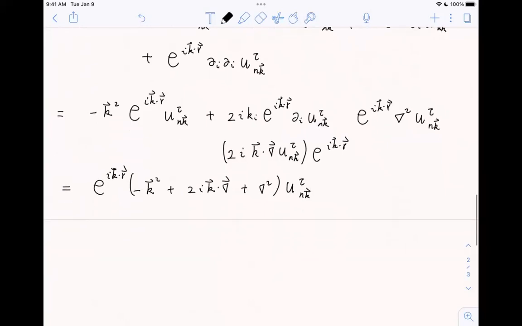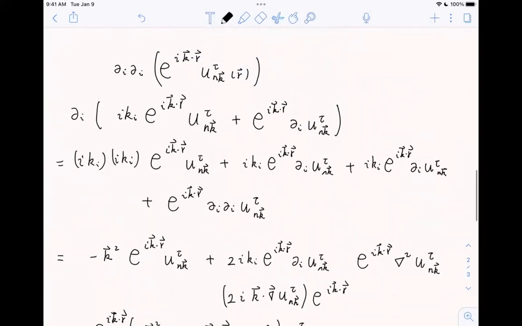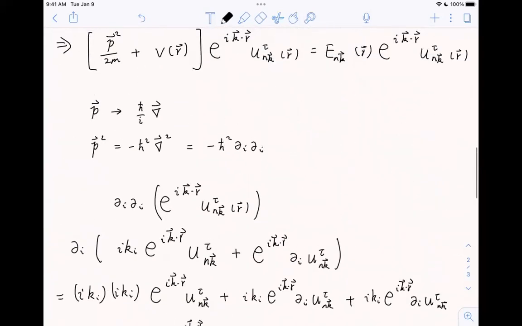Okay, so you need to know that here, gradient is just I omega p, right? So double gradient is negative H P square.